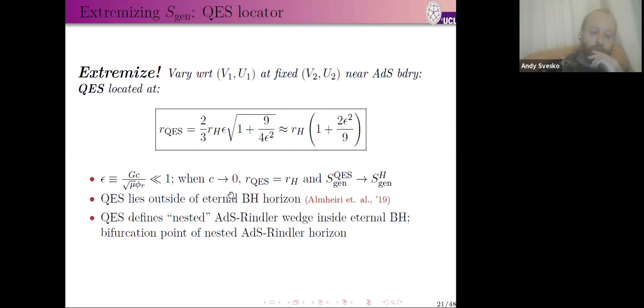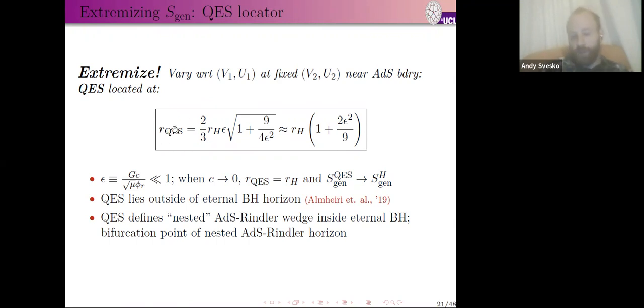Now that we have a generalized entropy, which is just given by the Wald entropy, motivated by the study of quantum extremal surfaces, let's extremize the generalized entropy. The way we do this is we vary one of the endpoints of your interval while keeping the other side fixed. Then you'll find that there is a quantum extremal surface outside of the horizon of the eternal black hole.